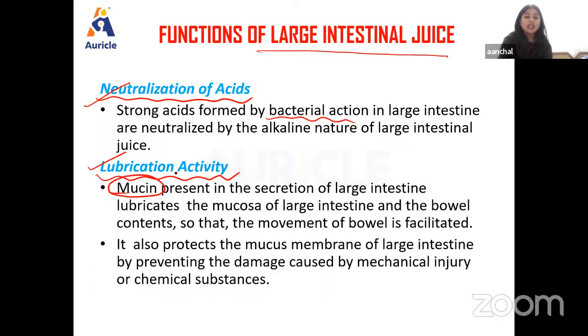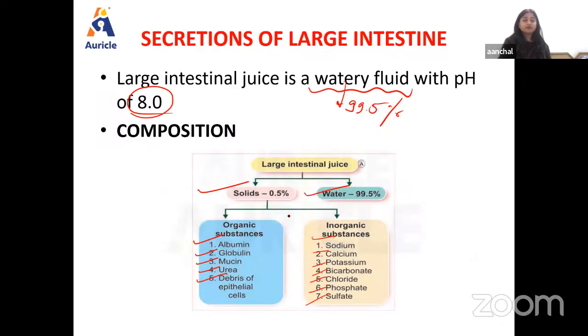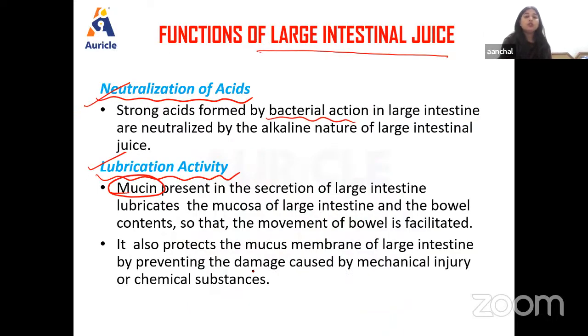As we can see in the composition also, in large intestine juice, in organic substances, we have mucin. Mucin present in the secretion of the large intestine lubricates the mucosa of the large intestine and the bowel content, so that the movement of the bowel is facilitated.